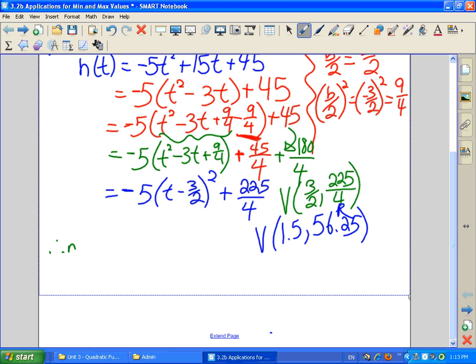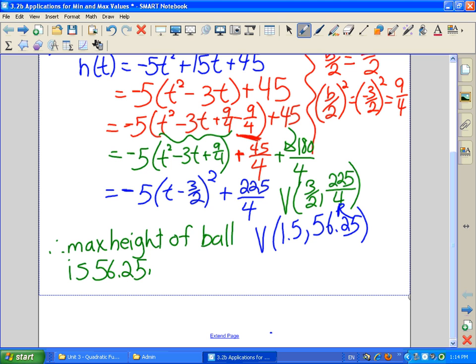So therefore, max height of ball is 56.25 meters. And if you're wondering when it occurs, at 1.5 seconds.